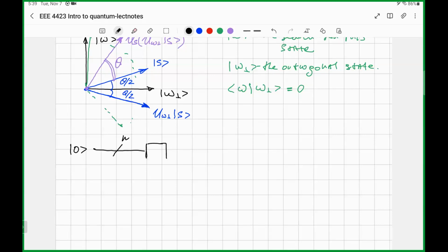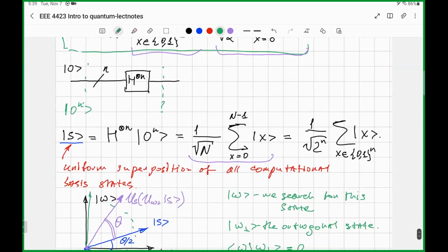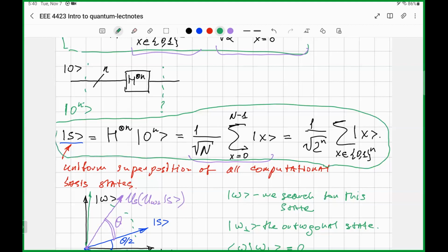We first create the perfect superposition state of all these n qubits by applying the Hadamard tensor n, which means we apply the Hadamard to every qubit in this register. And in the output, of course, we've got the state S, which is denoted here. So this is the state S in the general case of n qubits.